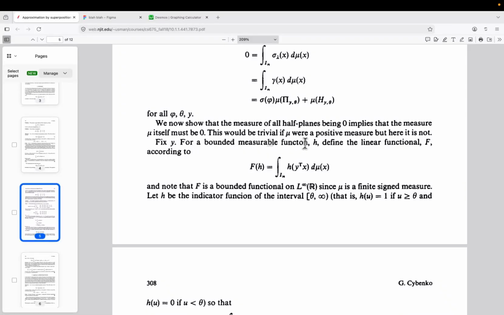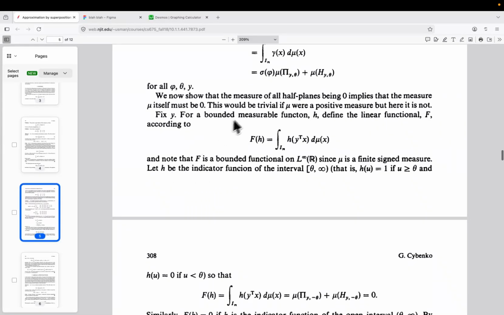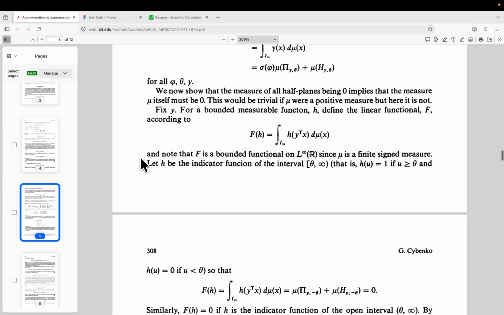For a bounded measurable function h, define the linear functional f according to this. He defines a functional for a bounded measurable function. And note that f is a bounded functional, since mu is a finite signed measure.